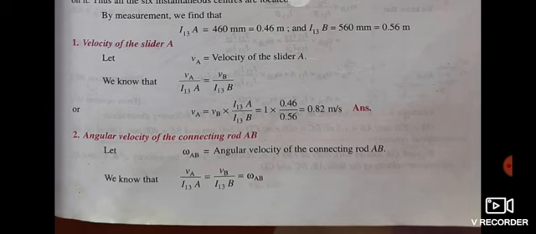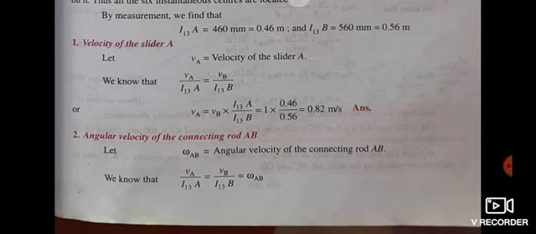Let VA be the velocity of slider A. We know that VA by I13A equal to VB by I13B, or VA equal to VB into I13A by I13B. Putting the values, VB is 1, I13A is 0.46 and I13B is 0.56, so that VA comes to 0.82 meter per second.